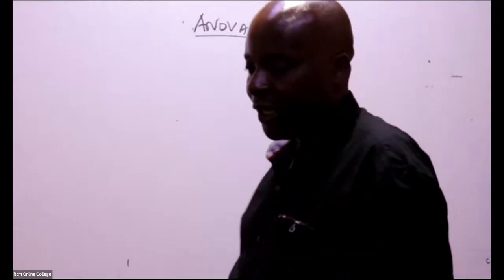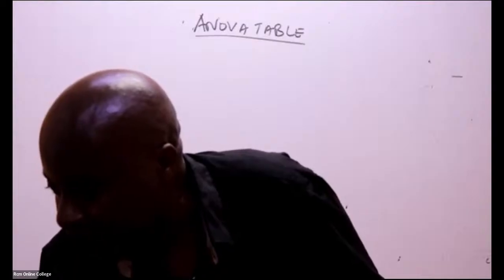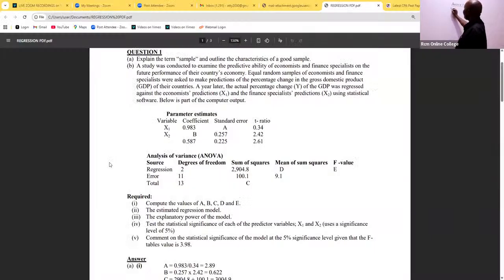So in this ANOVA table, what are they giving us, gentlemen? They have given us source. We have two sources. We have a regression source. This regression is what you also call explained. And then we have error source.